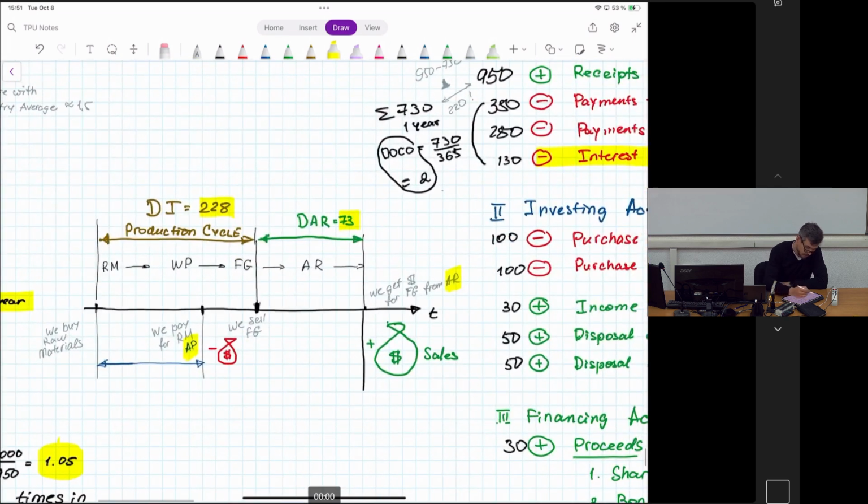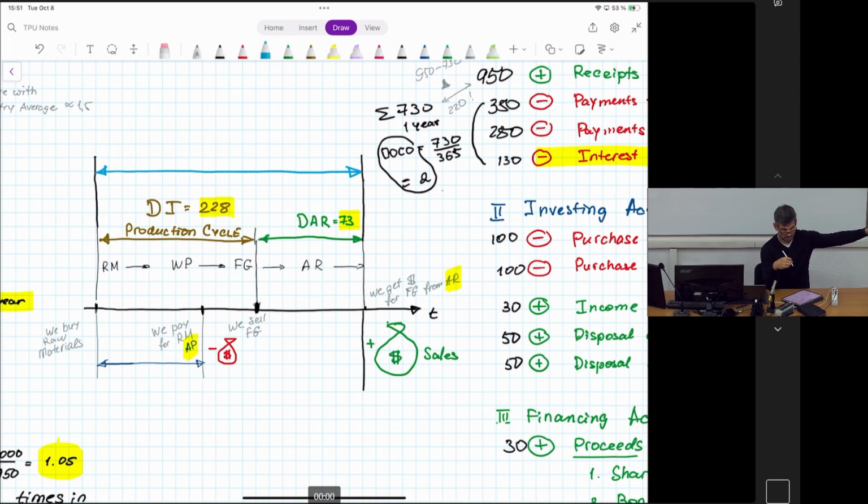So now, another important idea. Which color am I going to use? I'm going to use this color. There is this period of time from the moment we buy raw materials till the moment we get cash sales.